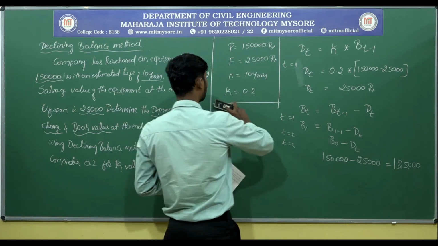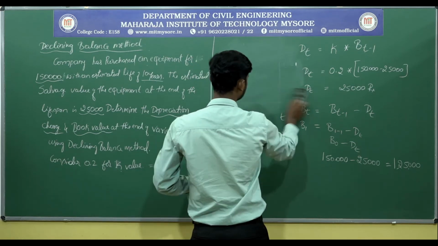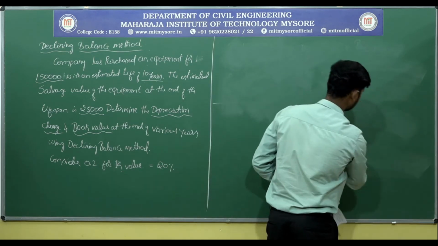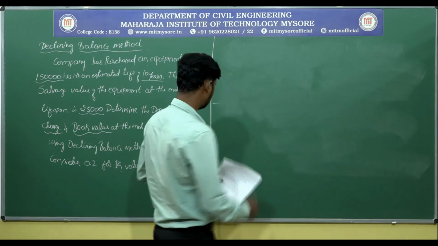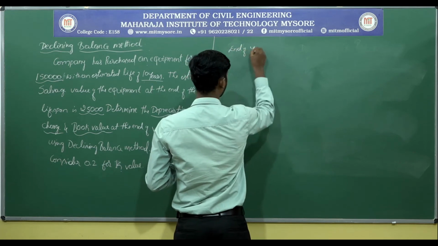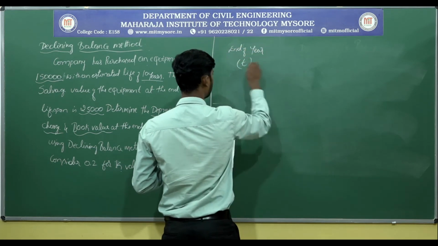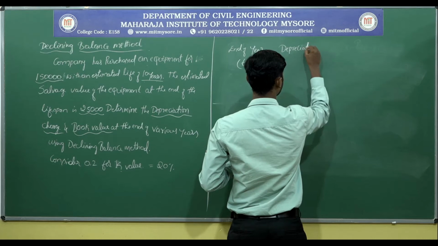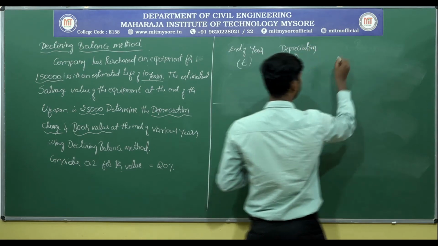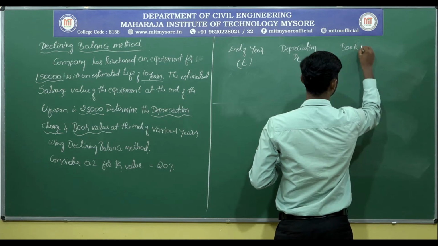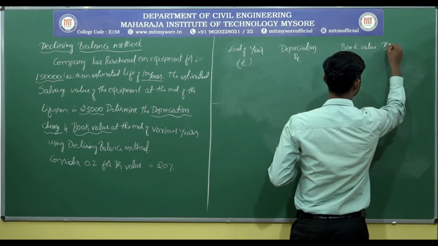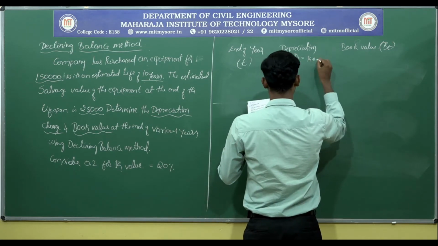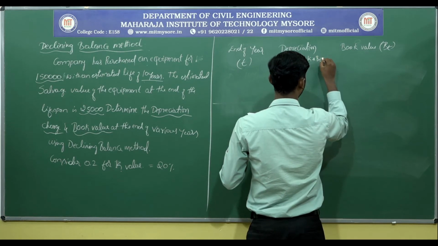Okay, let us write a tabular column, then we will be understanding. End of year, that is in terms of t, and next depreciation dt, and then book value bt. To calculate dt, what is the formula? K multiplied by bt minus 1.